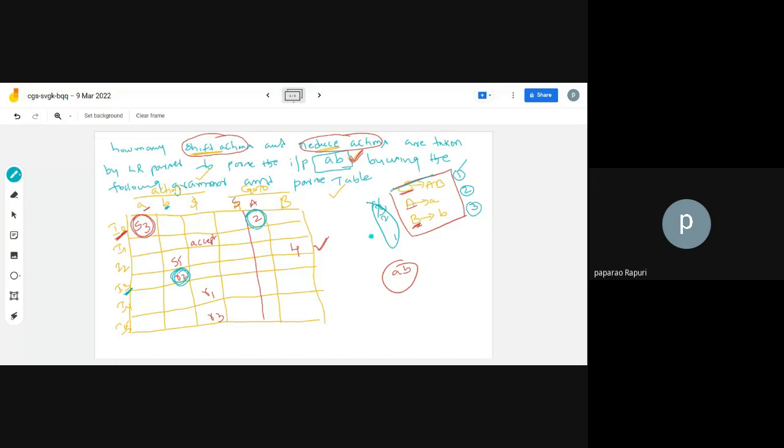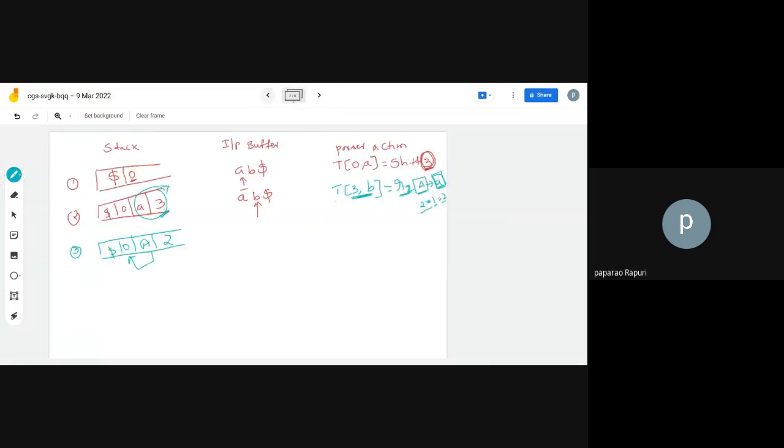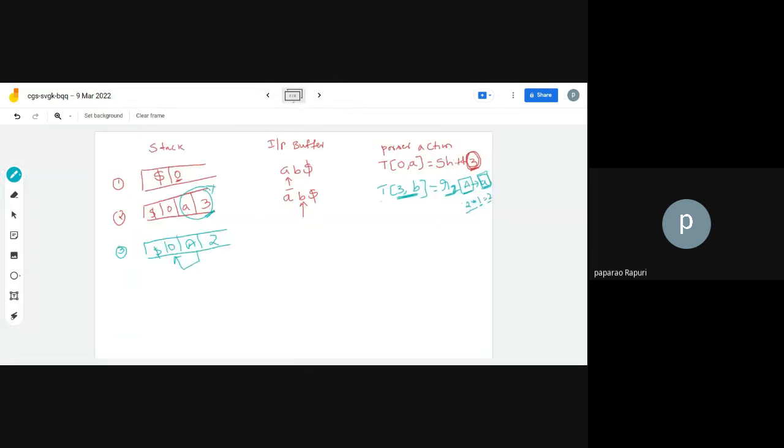For productions we need to give the numbering from 1 to n, if we have n productions. Here 3 comma B means R2. R2 means we need to reduce the second production. The second production is A derives small a.